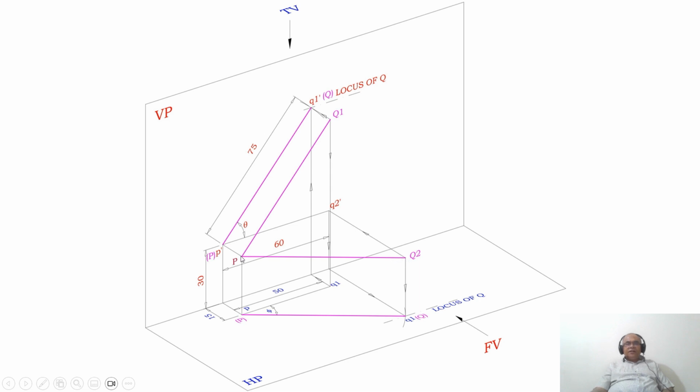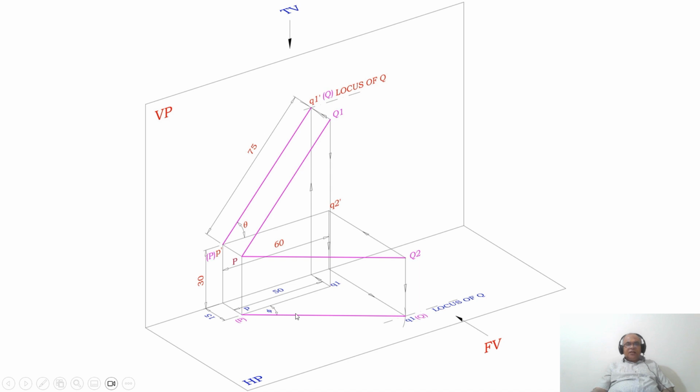You know that when the front view line is parallel to XY, correspondingly in the top view you are going to get the true length. So from P, you measure a distance of 75 mm and cut an arc on this vertical projector. So you have got the true length line in space. When you are looking from the top view, that has been projected onto the horizontal plane. This is small p and this will be small q1 here.